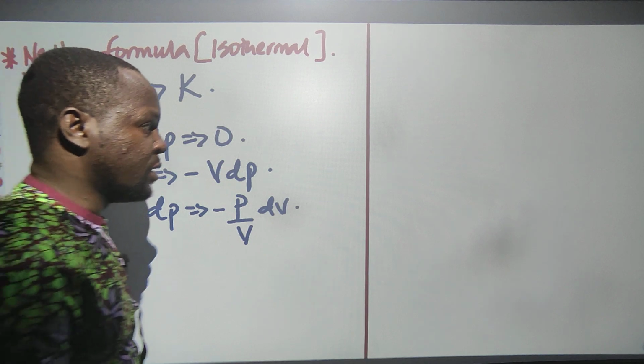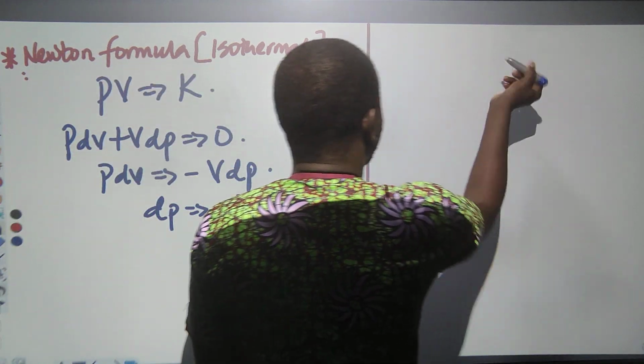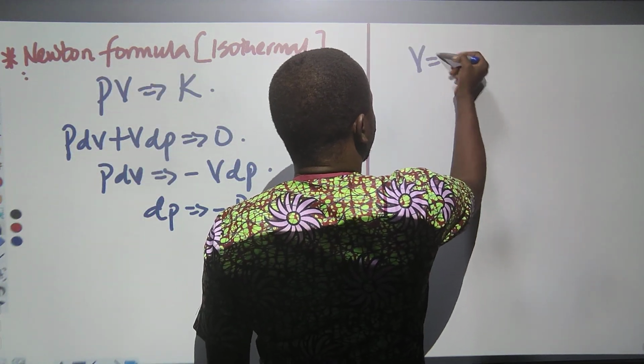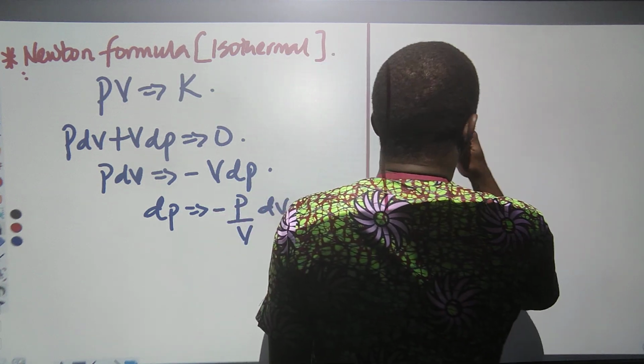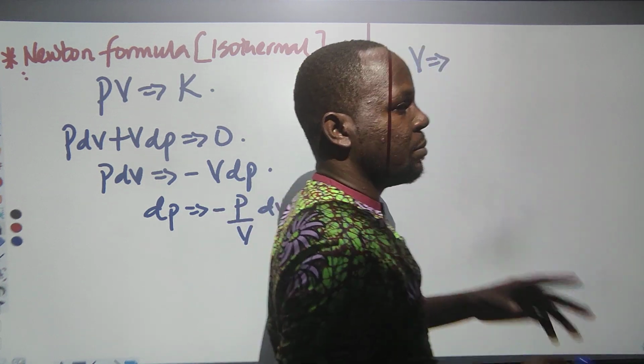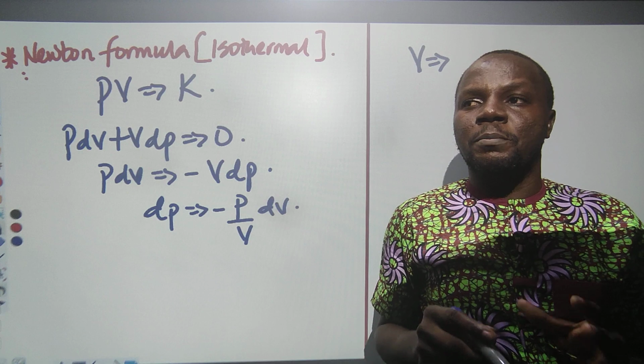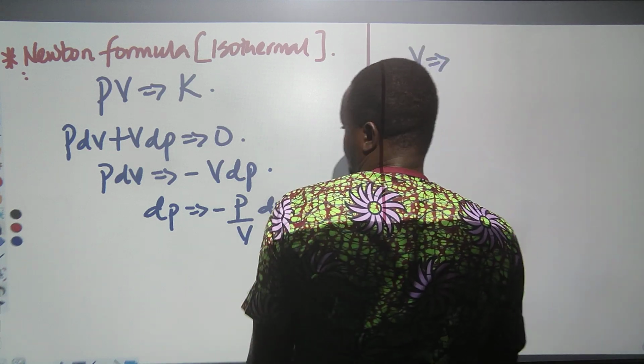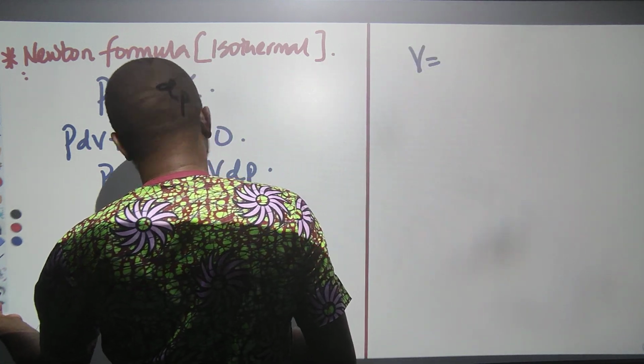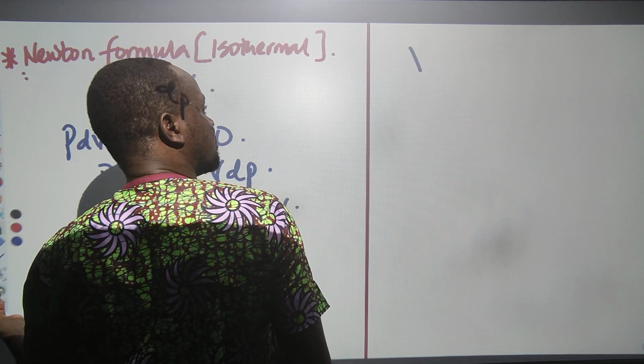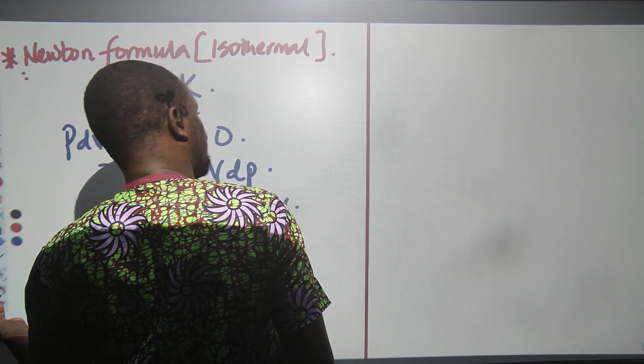Then remember that we said in continuation that the speed of sound in liquids and gas is defined in terms of the bulk modulus. So before I go into this, let me do something so that everybody can see.